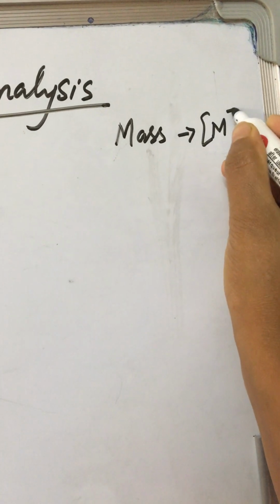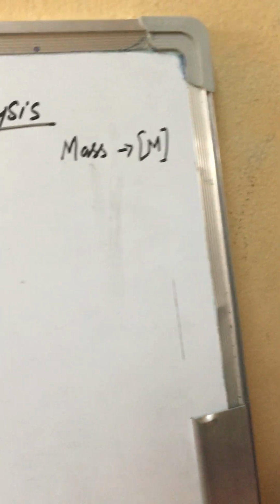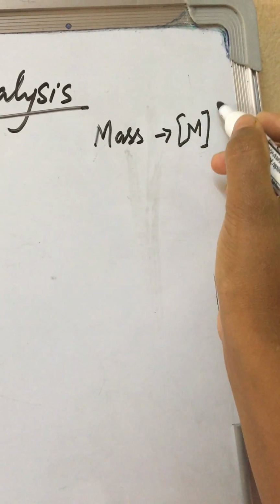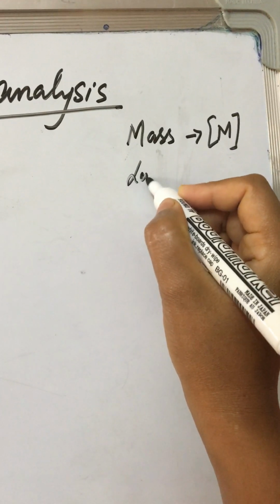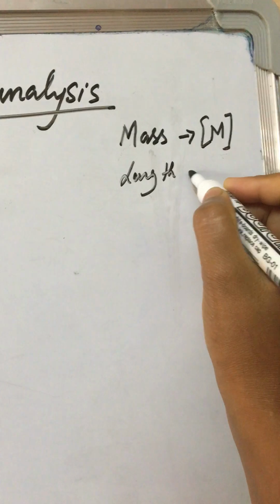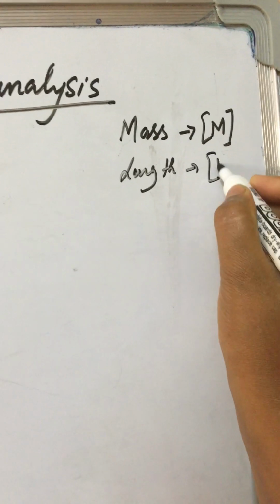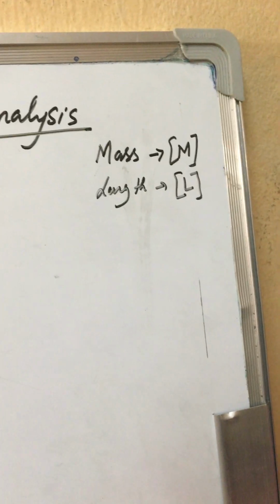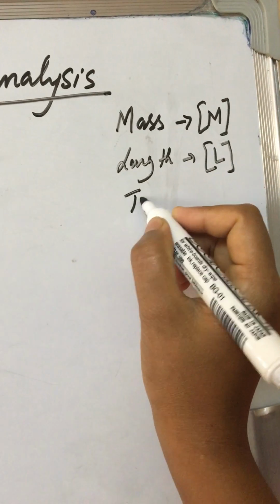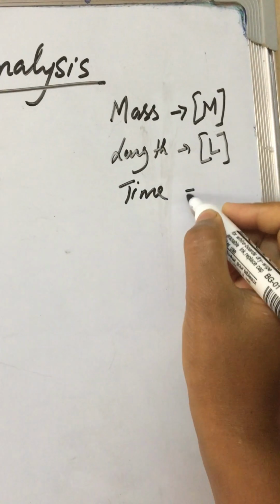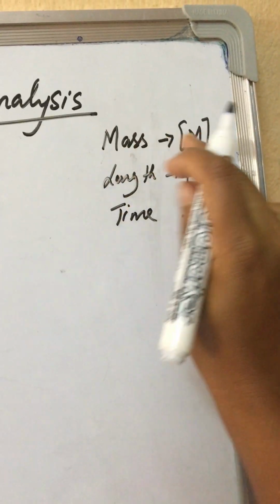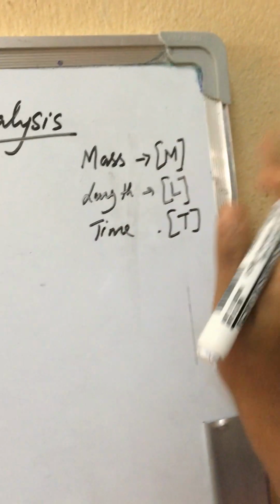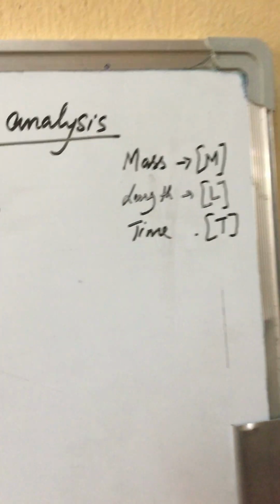In dimension analysis, this is the way: between the square brackets we write it. We write length because these are mainly used. More than this you don't need. Another is time, we write it by T. Mass we denote by M, length we denote by L, time we denote by T.